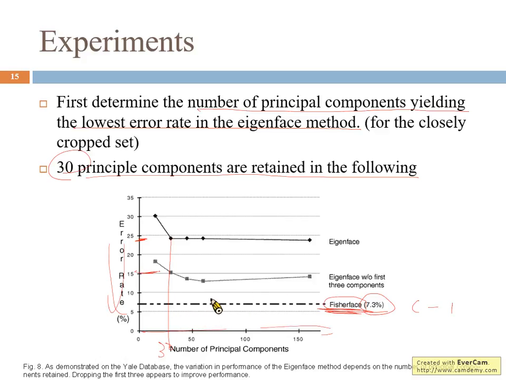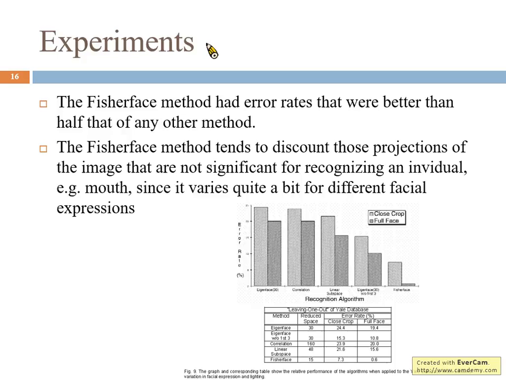So again, we see from this data set that the Fisherface approach works much better than the eigenface approach. The Fisherface method had error rates that were better than half of any other method. So we compare eigenface, correlation, and linear subspace.